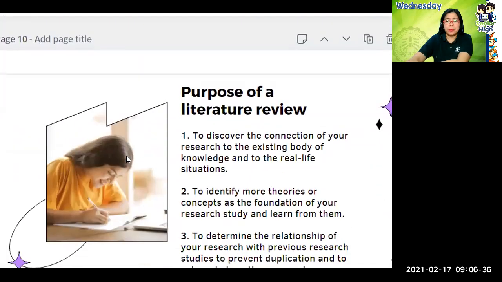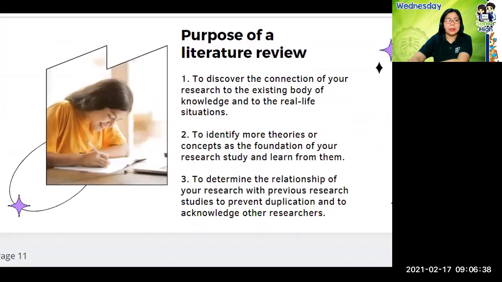Okay, so what are the purposes of a literature review? The review of related literature is anchored to the following purposes. Number 1, to discover the connection of your research to the existing body of knowledge and to real life situations.